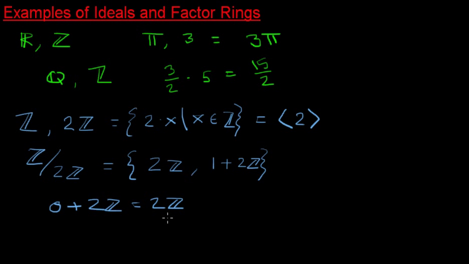You'll just see it written as whatever ideal you have. And this is the 0 of this factor ring. So if we add this to any other element, there's only one other one in this case, it's going to give us that element. Here, I'll write it out. So 0 plus 2Z plus 1 plus 2Z.